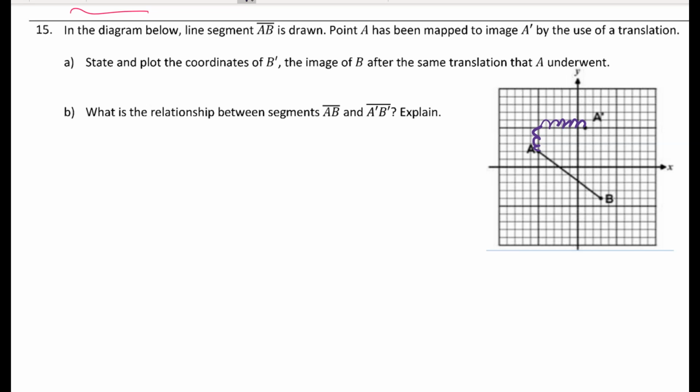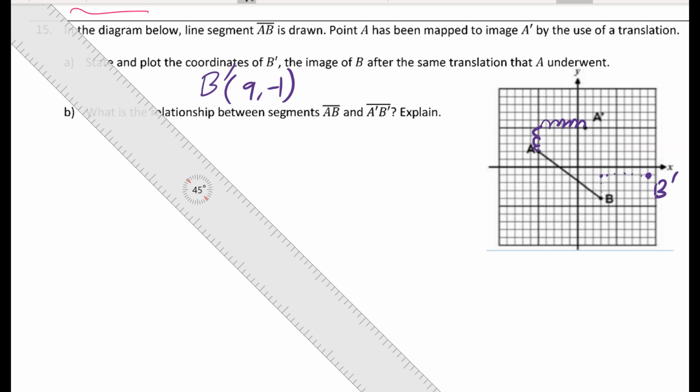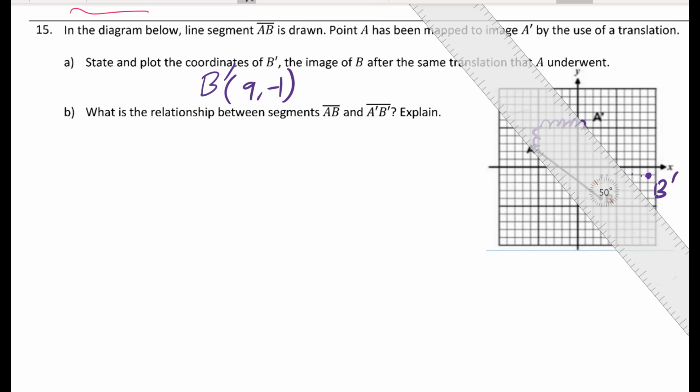So for B, you can go 1, 2, 3 up, and then 1, 2, 3, 4, 5, 6 to the right. So it looks to me like the coordinates of B prime are going to be 9, -1.